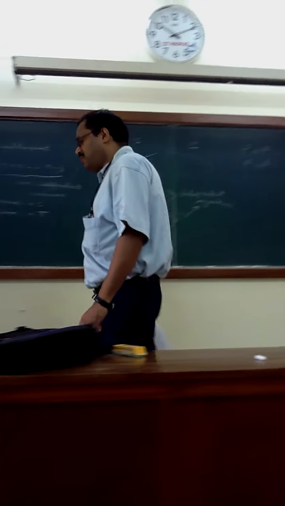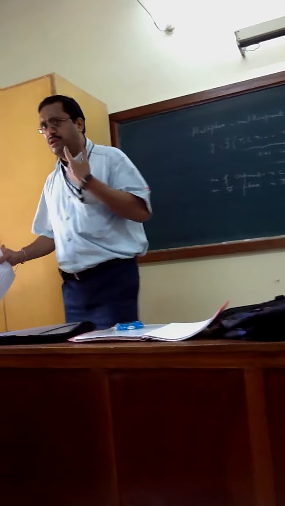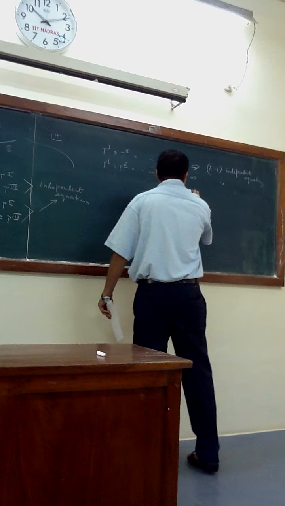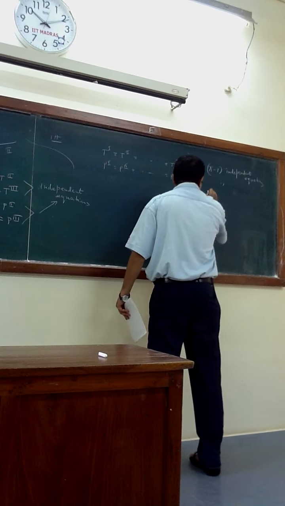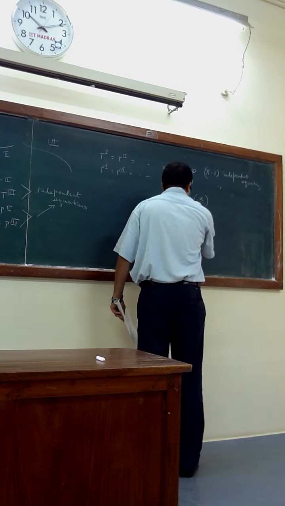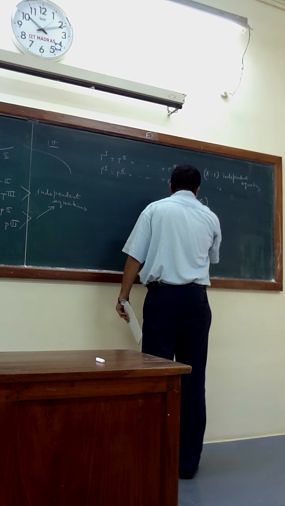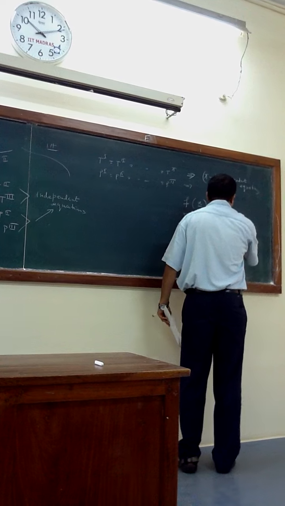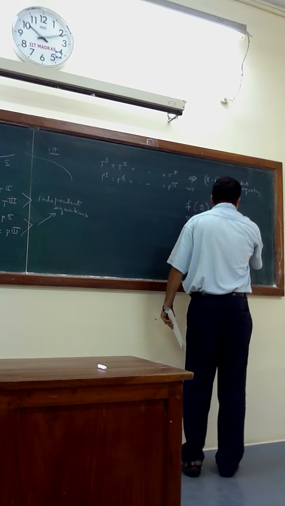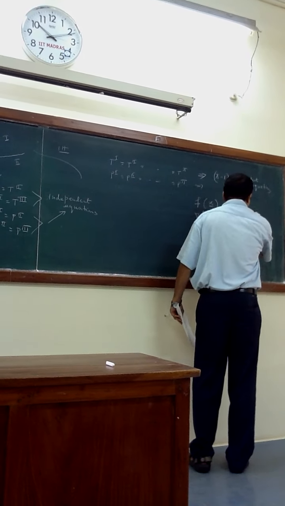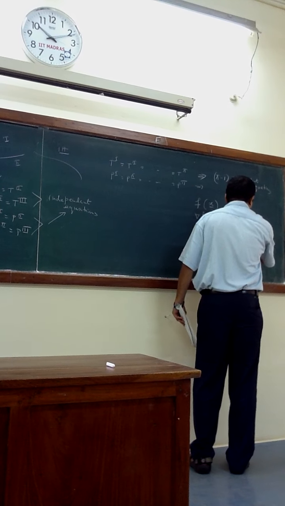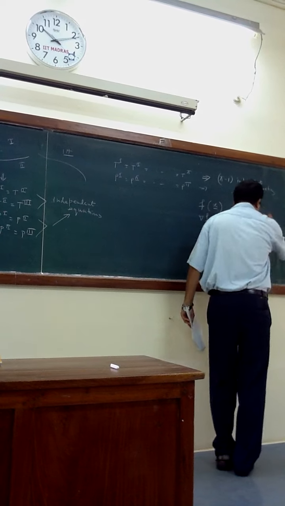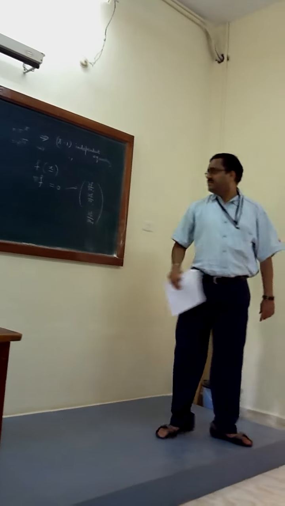By using the same optimization concept: if f is the objective function of vector x, you need grad f equals 0, where grad f is the vector of dou f by dou x1, dou f by dou x2, up to dou f by dou xn.